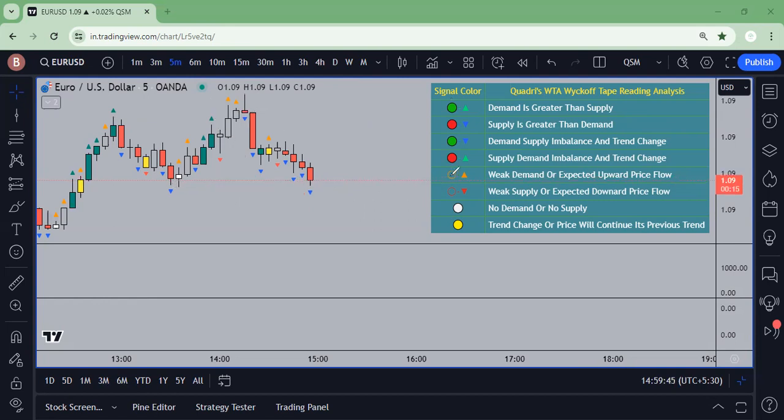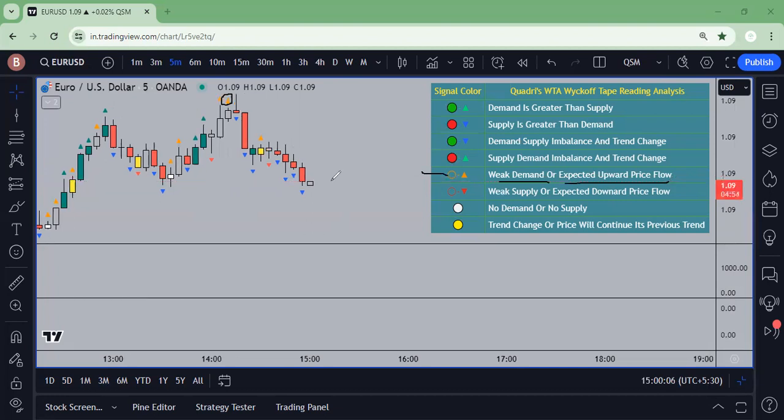So if there is a hollow candle with an orange triangle above, it is like there is weak demand, or either way there is no supply, and we can expect upward price flow.